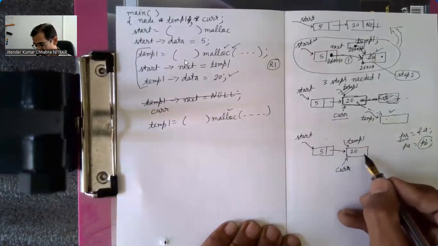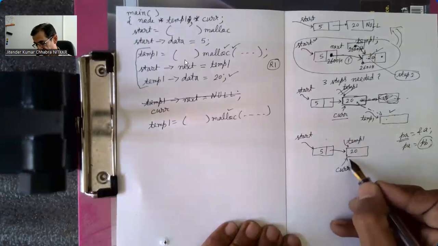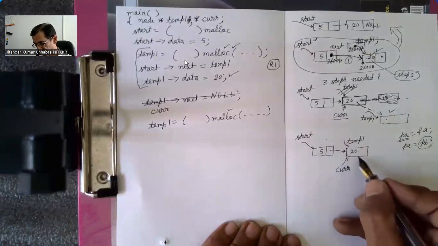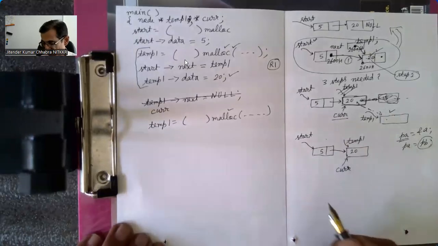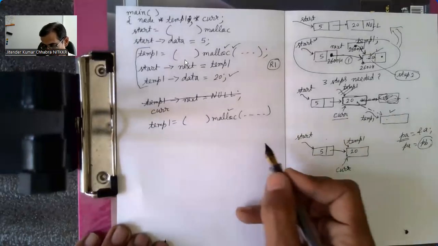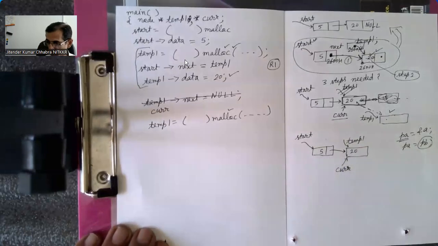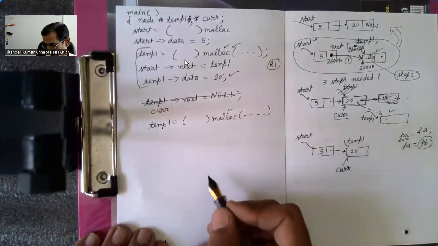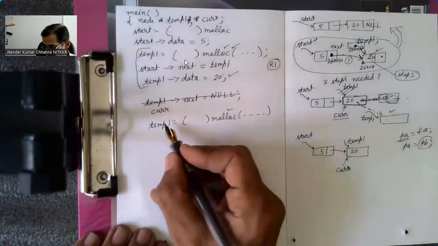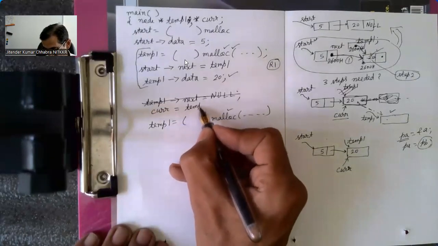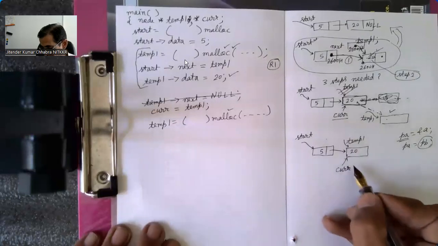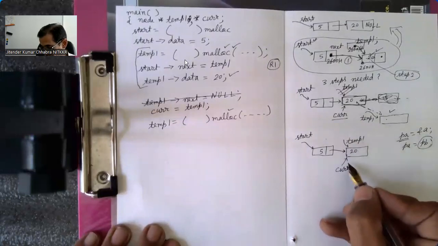If this has 40 bytes, it means the starting address of the 40 bytes. If this is 30 bytes, it still means this. So a pointer always means the first address, the starting address. That we always know. Even if an integer was there for 4 bytes, it is only the first byte's address. So now I say current equal to temp1. Current equal to temp1 gives this situation.